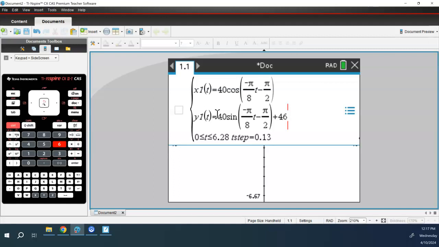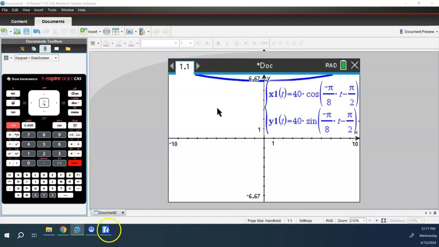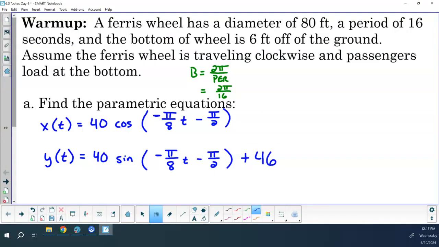Something bigger than 16? You said that the period is 16, right? Then b would be... oh wait, no, divided by. B is equal to 2 pi divided by the period. Okay?